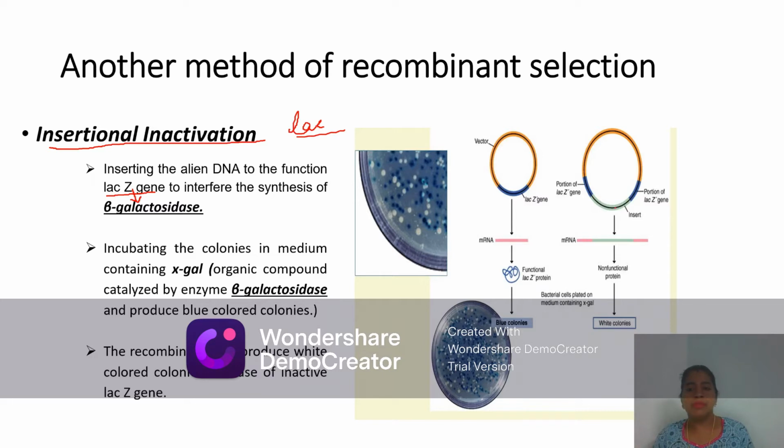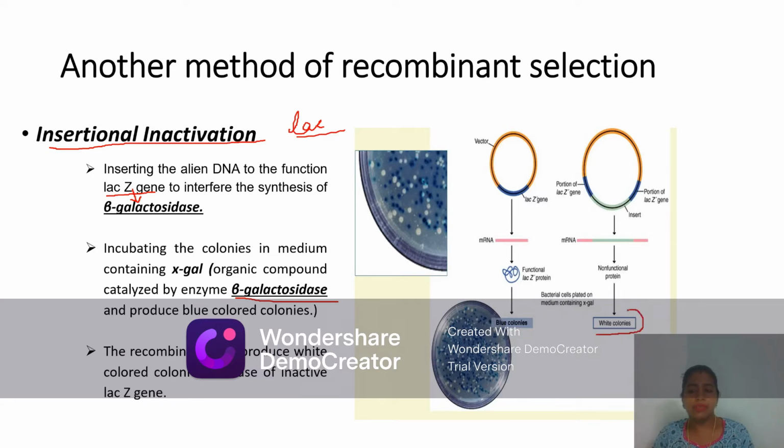Fine. So what will happen? It will not be able to synthesize the beta-galactosidase enzyme properly. Instead, the translation of your gene of interest, whatever you have inserted, will be happening. So the blue colored colonies you will not be getting. Instead, what you will be getting? White colored colonies.